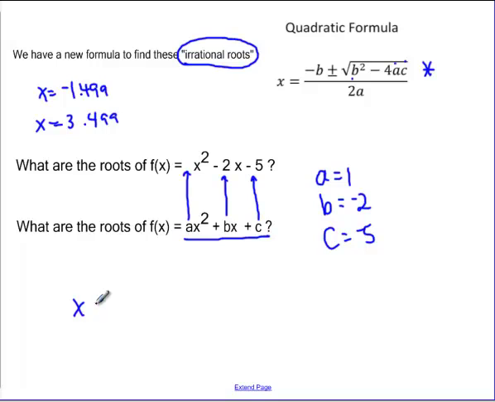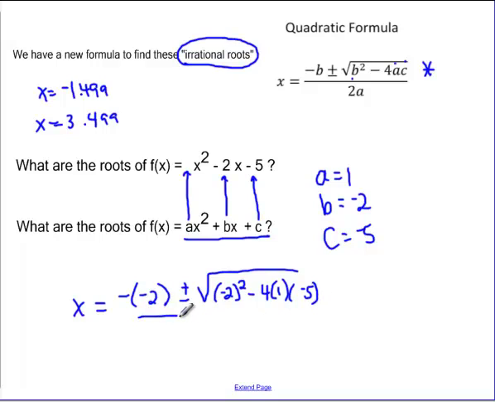X, which is my root, is found by taking negative b plus or minus the square root of b squared minus 4 times a times the c value all over double the a value.